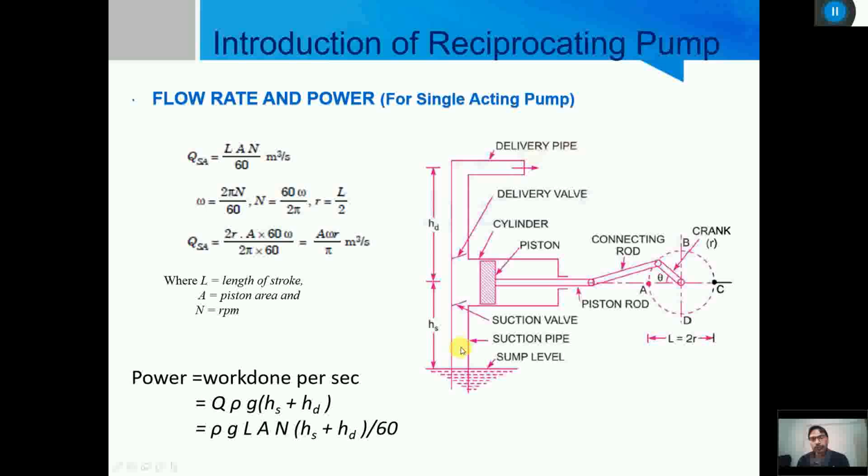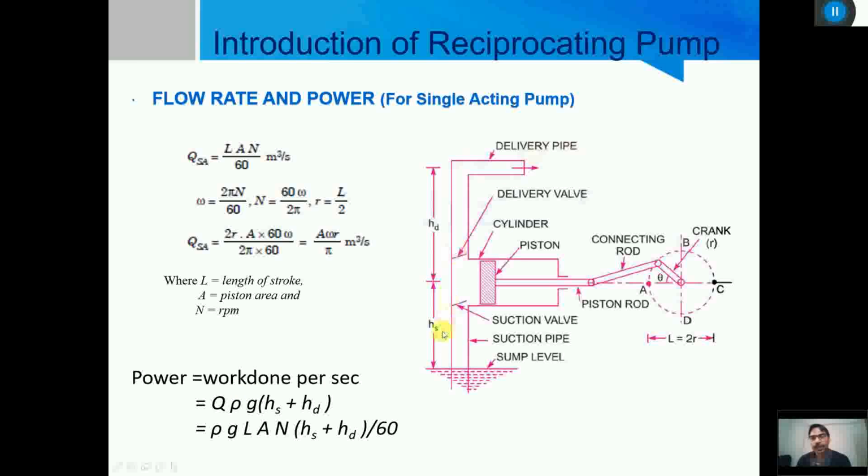Now come to the power or work done per second by the pump. As we are aware, the pump is being utilized for developing the water power, and if Q quantity of water is being lifted up, how much is the total energy here?